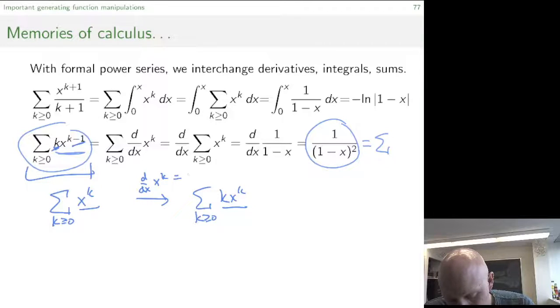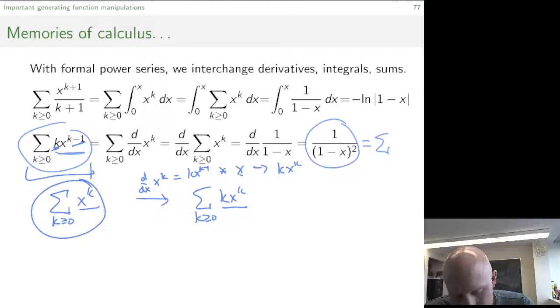That gives us kx to the k minus 1. And then we would multiply by x. And that would give us kx to the k. So from here to here, we have to take a derivative, and we have to multiply by x.